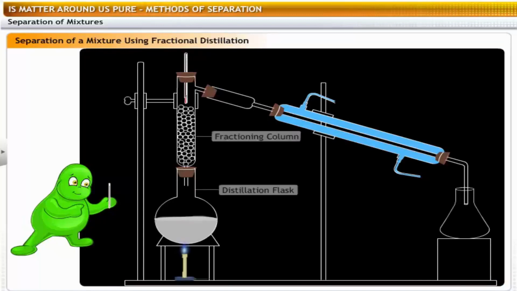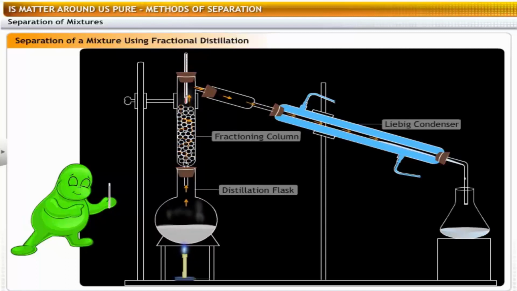The only difference is that a fractioning column is fitted in between the distillation flask and the condenser. A simple fractioning column is made up of a tube packed with glass beads. The beads provide the surface for the vapors to cool and condense again and again.